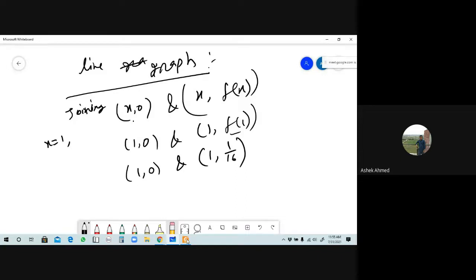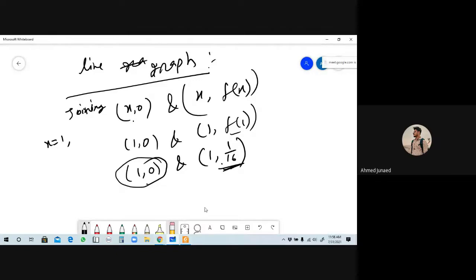From here tell me, this point 1 comma 0 lies on which side? What is the position on the x axis? x axis. And this will be 1/16. Can you say where it will fall? First quadrant, is it right?